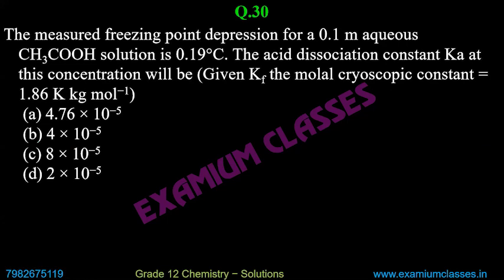Next question. The measured freezing point depression for a 0.1 m aqueous acetic acid solution is given. Measured freezing point, okay, depression. So this is delta TF. The acid dissociation constant Ka at this concentration will be, Kf is given. So you have been asked Ka.